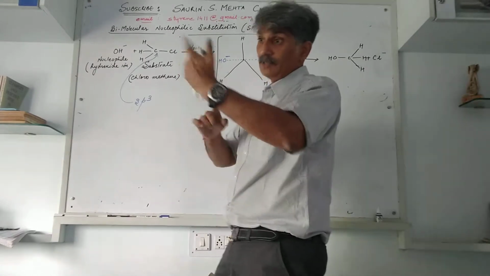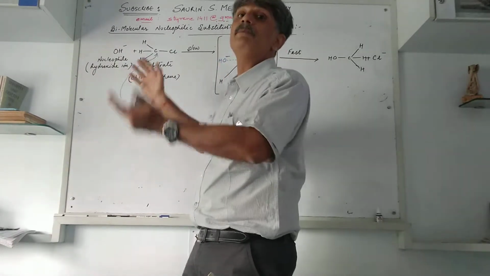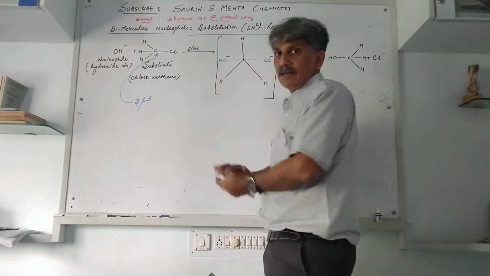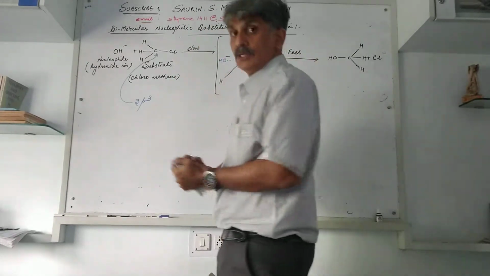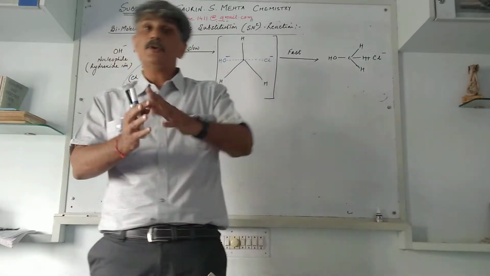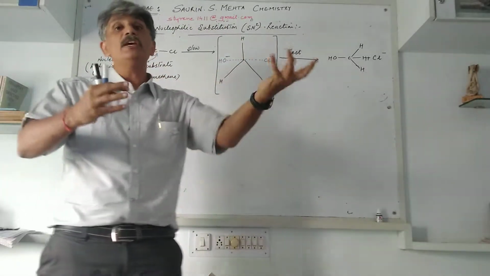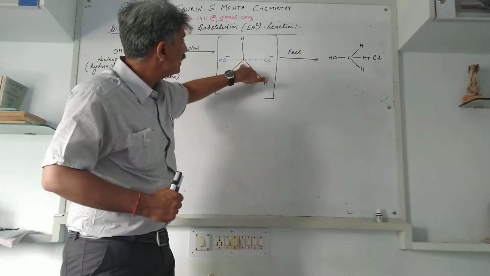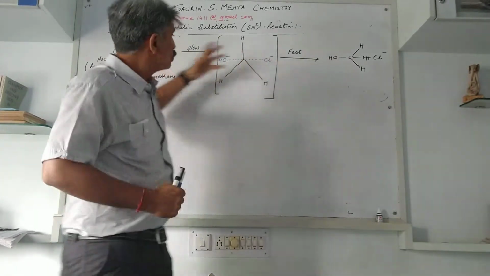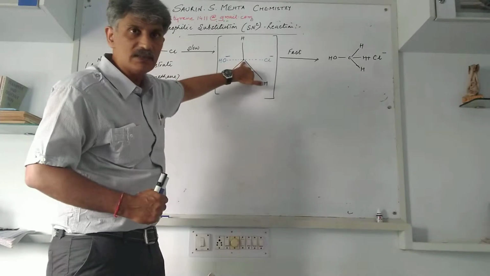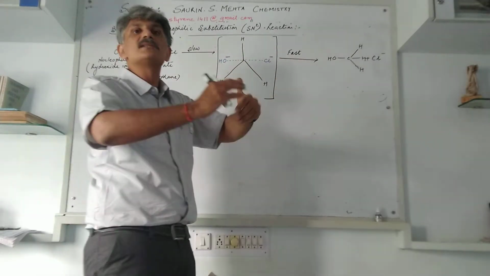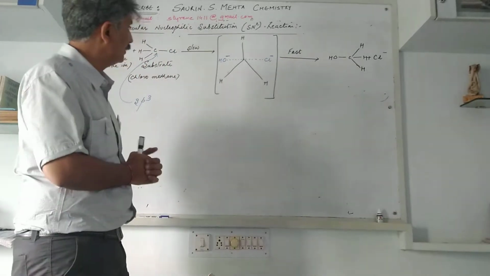Taking advantage of the partial charges, with carbon having partial plus charge, OH minus attacks the carbon from the rear side. Mind you, it will always attack from the side opposite to where the Cl minus, the existing group, is. You can see over here Cl minus is existing, so OH minus attacks the carbon from the rear side, the opposite side.